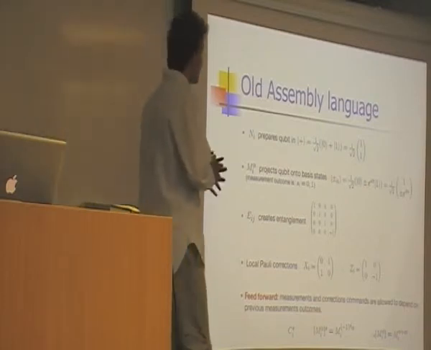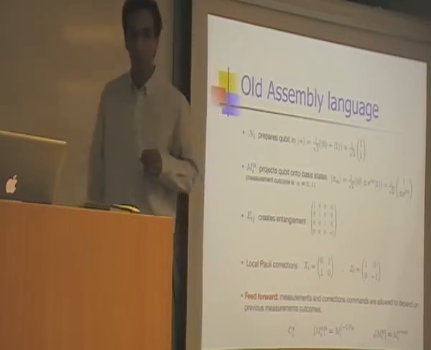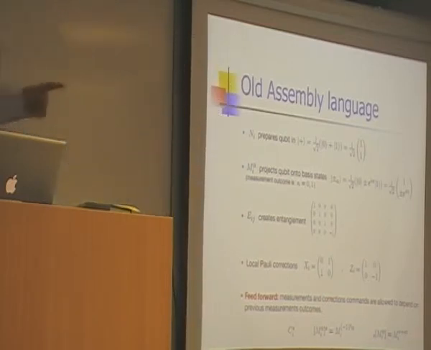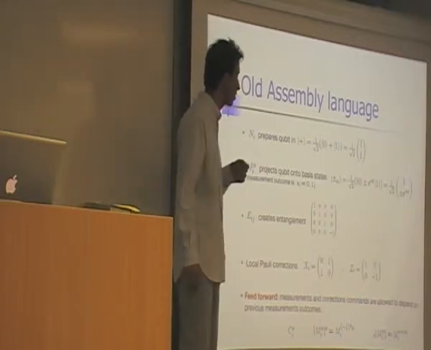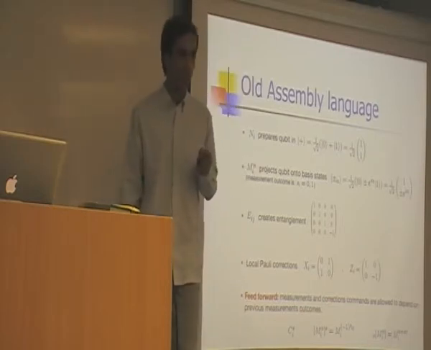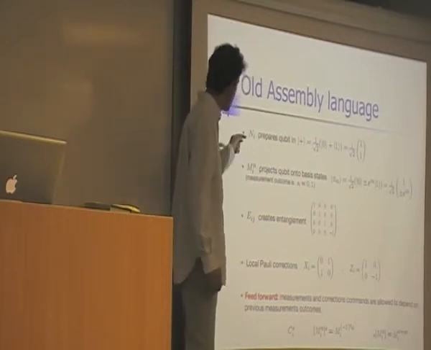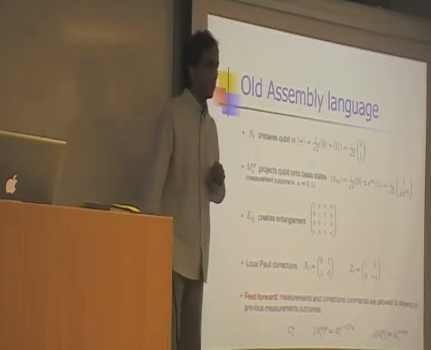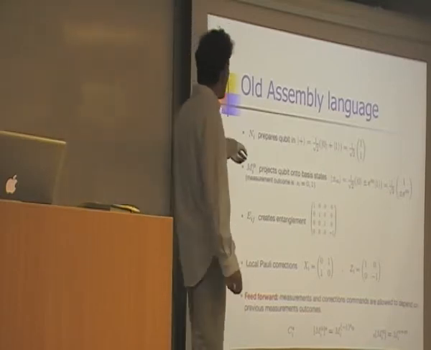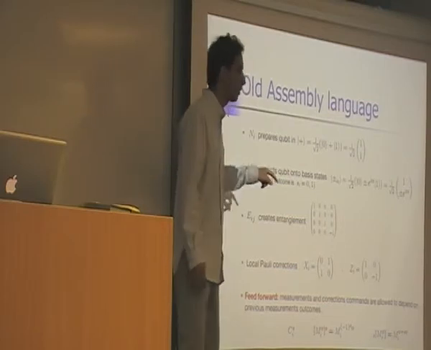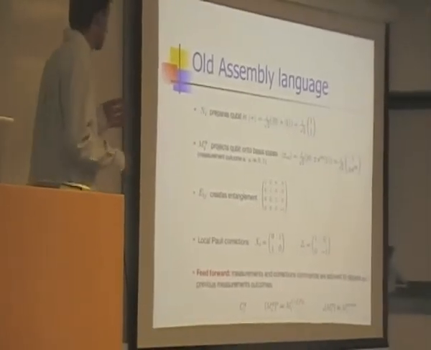I said that we designed a new assembly language for our programmable computer, but I have to say what was the old assembly language for measurement-based computation. Measurement-based computation has a command set, as I described here: an N operator to prepare our qubits in the plus state, and a single measurement operation with angle alpha, where we label the measurement outcomes with 0 and 1.